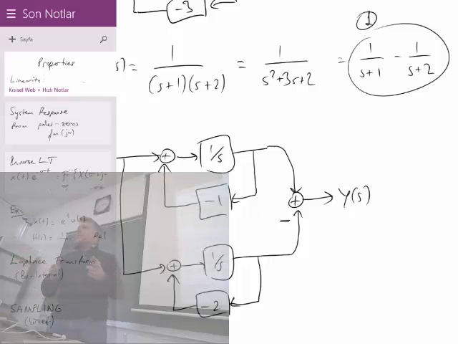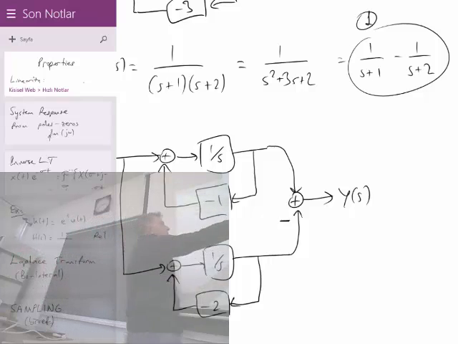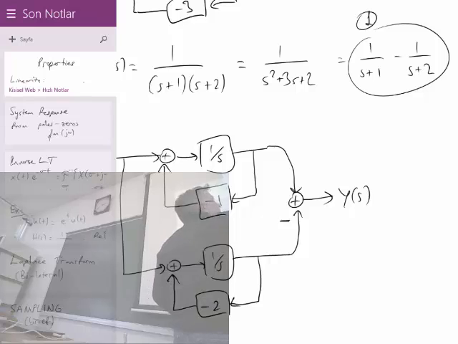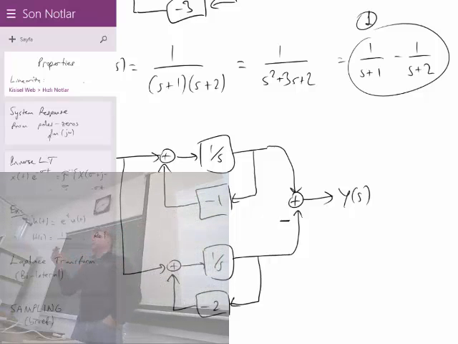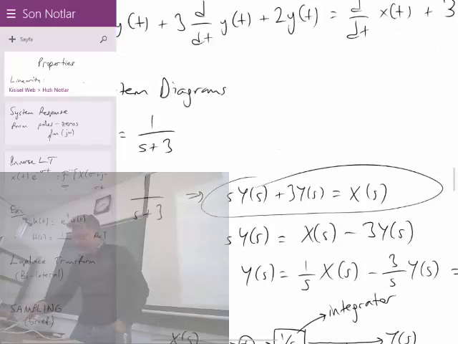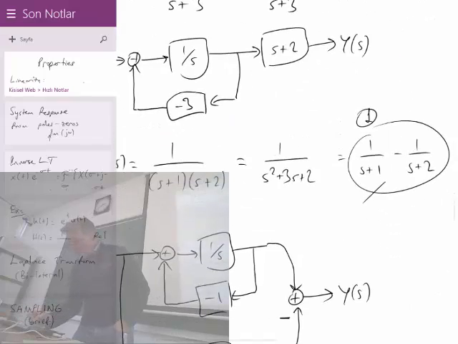Because that's what it is. I mean, if you just combine that, you will find this one or that one. They are equivalent things. Remember that if you try to combine this, come on, this one will be multiplied by s plus 2, this one will be multiplied by s plus 1, right?